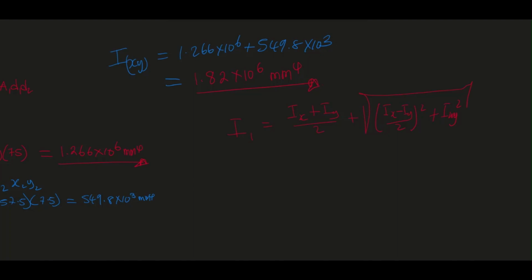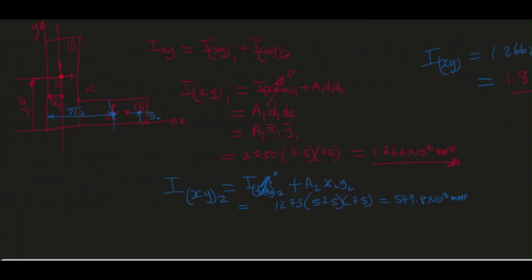This is why we needed to find this one and that one, so that we can solve for I1. We know that this is the same thing as I average, and this is the same thing as the radius of the Mohr circle. So you can just work these out.